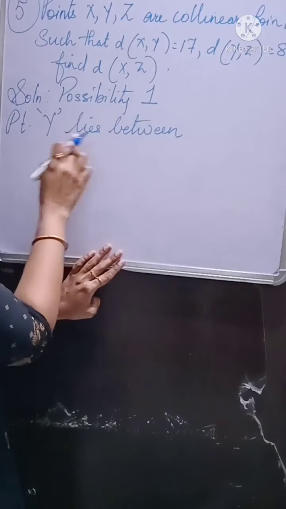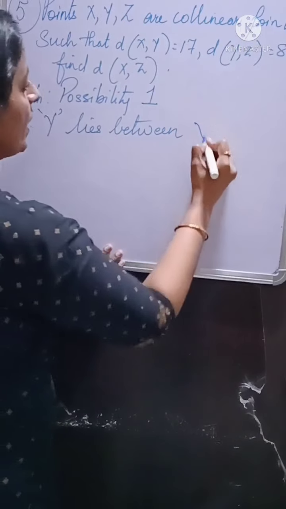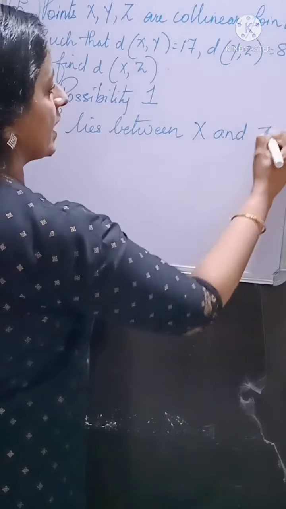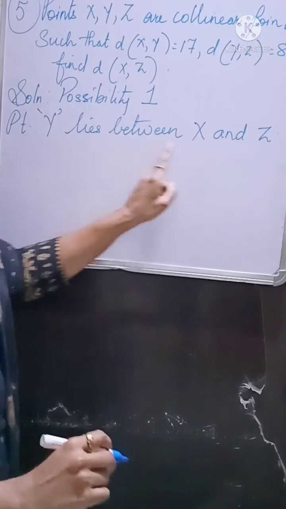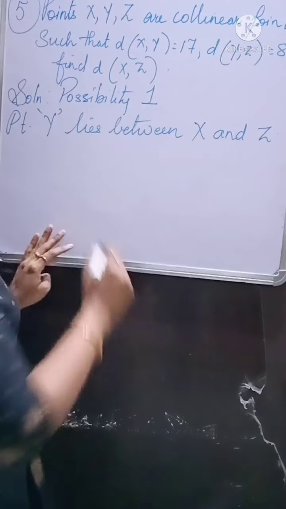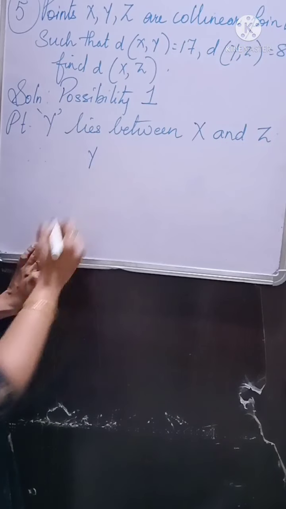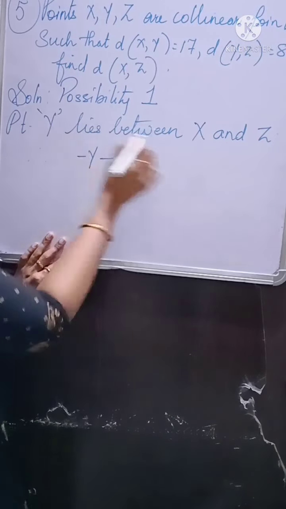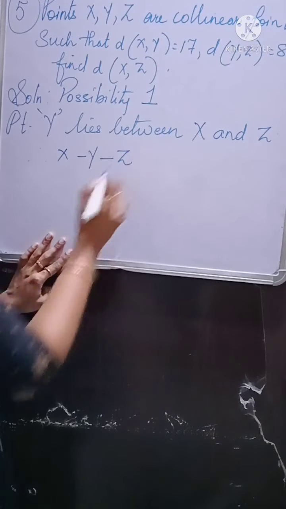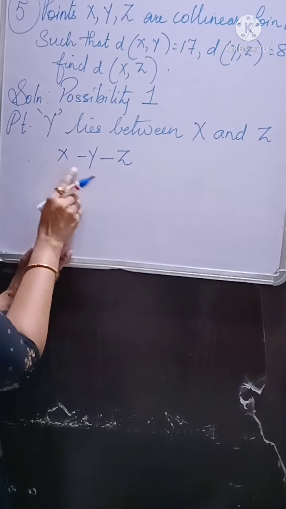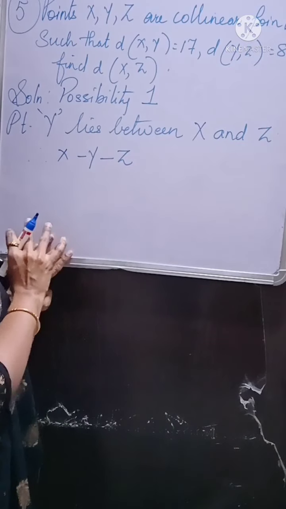If Y is lying between, the other 2 will be X and Z. Point Y lies between points X and Z. So therefore, how will it look like? Y is lying between X and Z. You will read it as X-Y-Z.